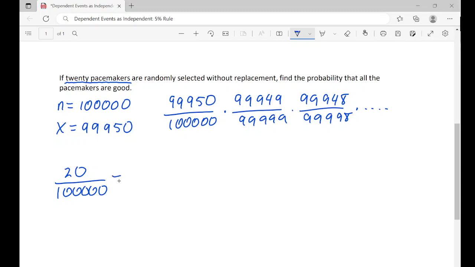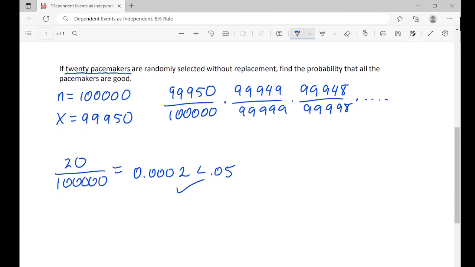And when we do that, we're going to get 0.0002, which is definitely less than 0.05 or 5%. So since it is less than, we are good. That means we can treat this event as independent instead of dependent, like what we were trying to do up here.